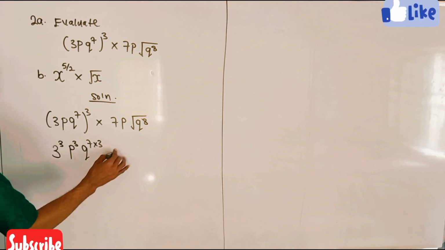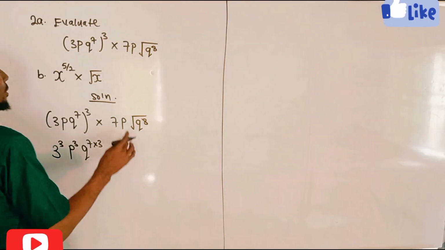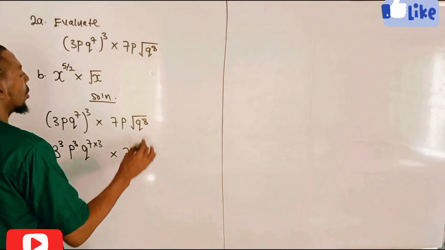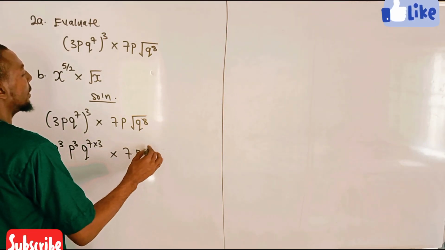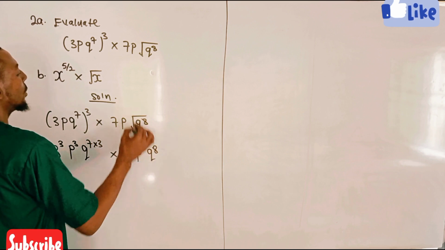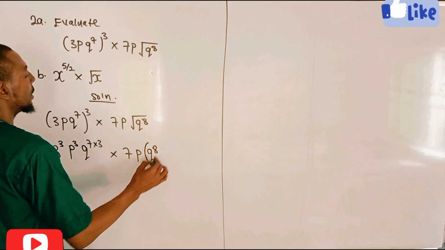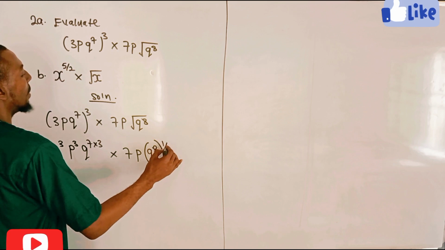Then everything multiplied by, coming to this side, we have 7p, of course, q raised to the power 8, all square roots. The square root of q raised to the power 8 means q raised to the power 8 all multiplied by 1/2.